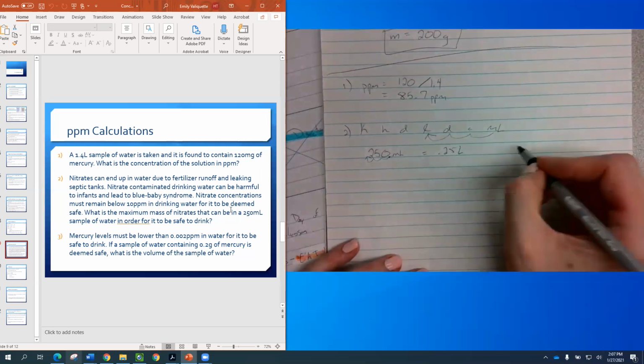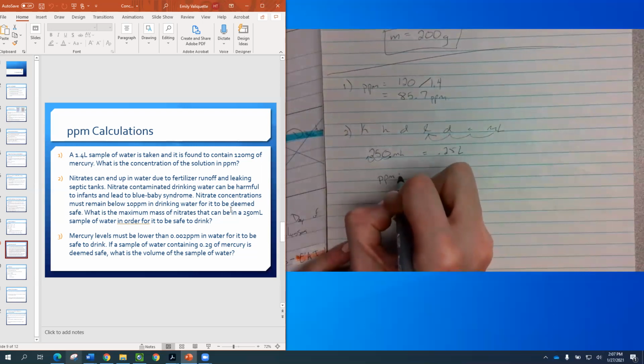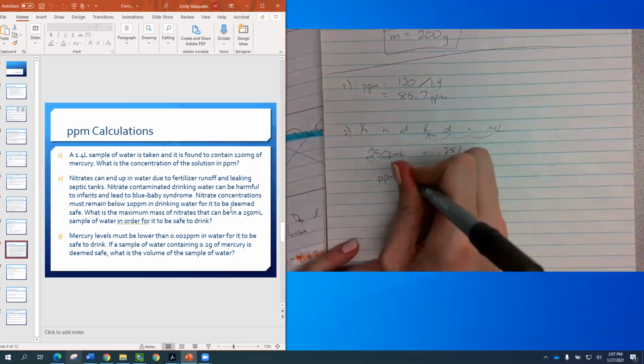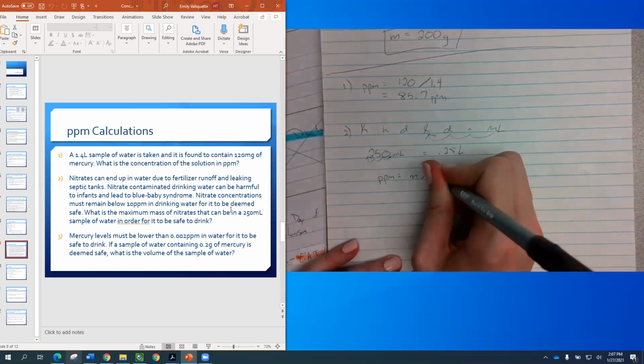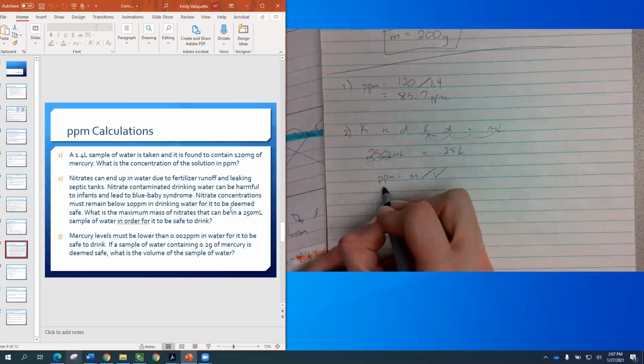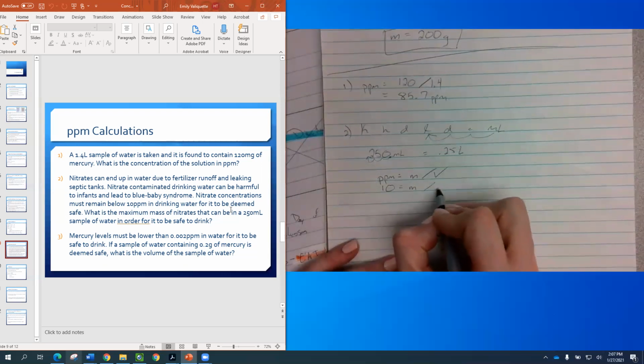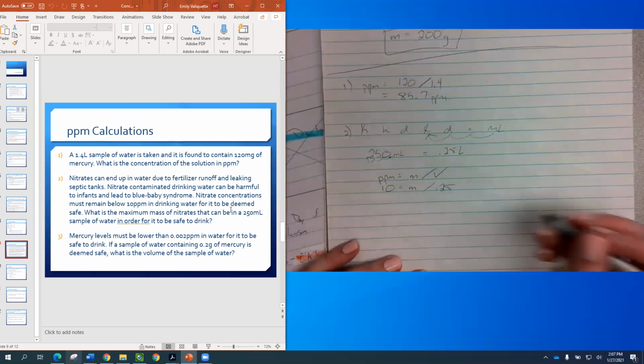Then I'm going to write out my formula. So parts per million is going to be my mass of my solute divided by my volume of solution. It tells me that the maximum parts per million is 10. I'm looking for the mass in 0.25 liters of solution.